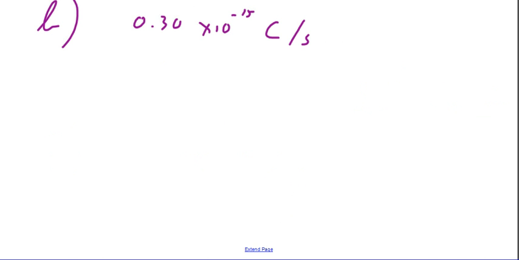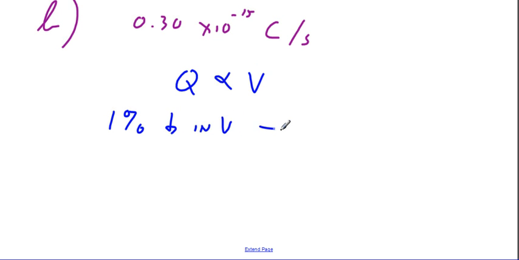Okay, well, first thing we'll do is decide that the charge is proportional to voltage, which means that if I have a 1% decrease in voltage, that means I'm going to have a 1% decrease in charge.